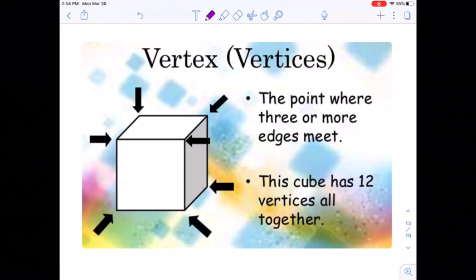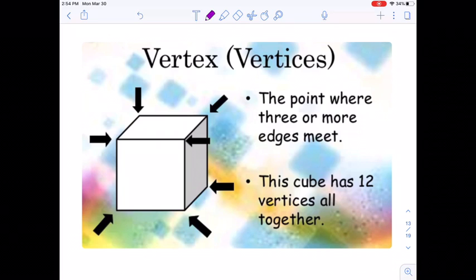But when we're talking about a 3D shape, it's called a vertex. Or if we're talking about more than one vertex, it's called vertices. Can you say that with me? Vertices. Vertices, that's right. So a vertex is one, and vertices is when we're talking about more than one.